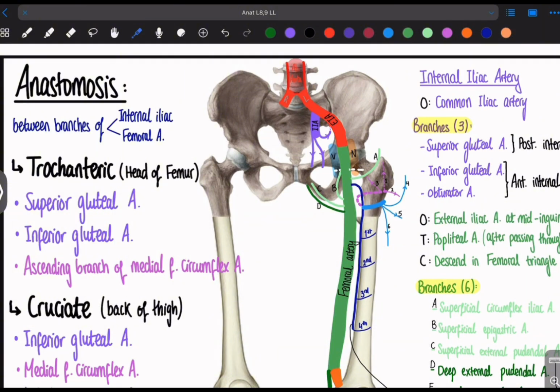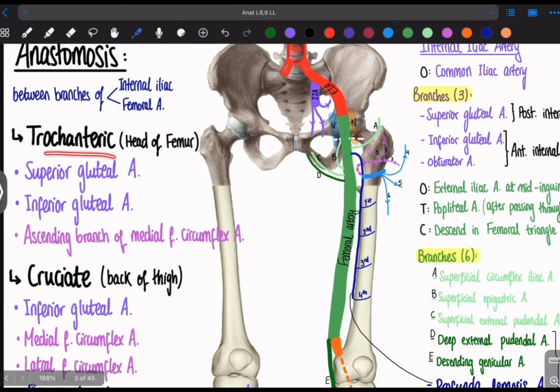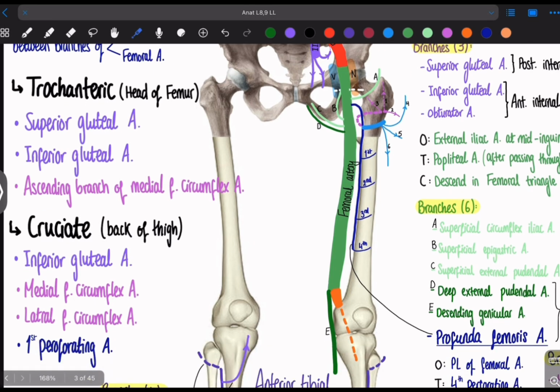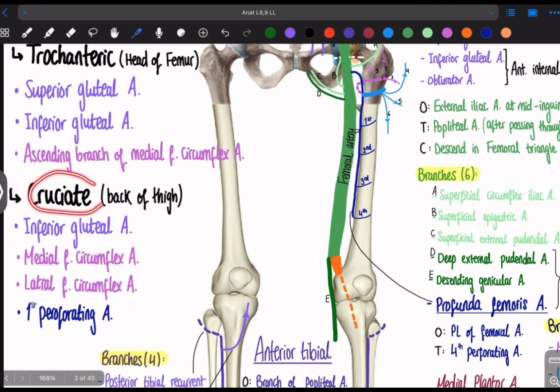Then we have the cruciate anastomosis. So we're done with the trochanteric anastomosis, which supplies the head of the femur. We said the origin for the anastomosis is the internal iliac and femoral artery, so the branches from these two arteries are the ones that are going to form these anastomosis. Okay, so the second one we said is the cruciate anastomosis.